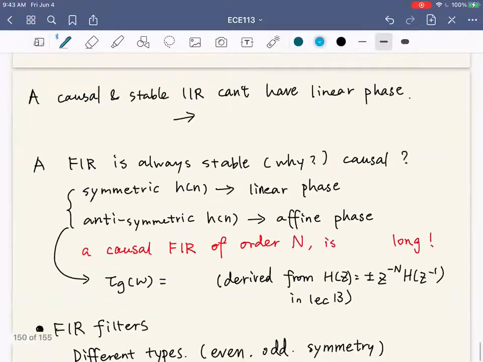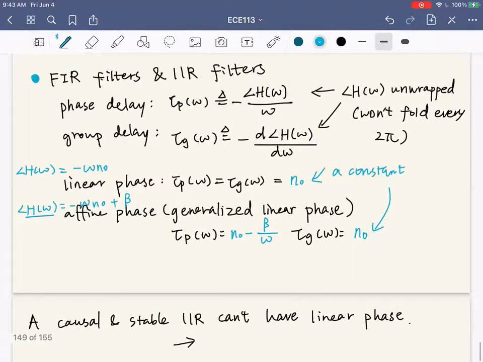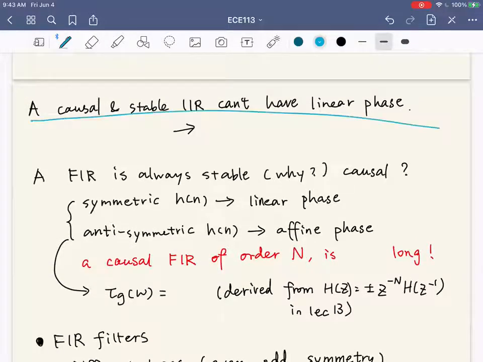Awesome. Okay. And one thing to remember before we keep going is the restriction to the IIR. We usually want a system to be causal and stable, so that we can implement it in reality. But a causal and stable IIR can never have linear phase.